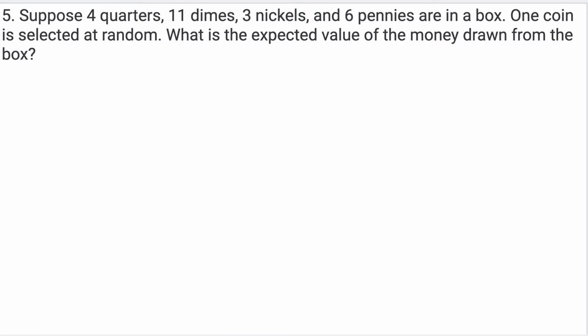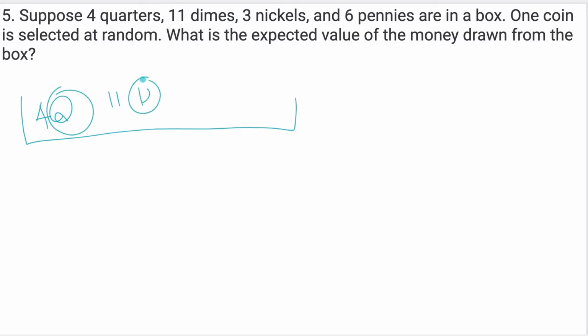Now, let's look at number 5. Suppose you have 4 quarters, 11 dimes, 3 nickels, and 6 pennies in a box. So, in a box, you have 4 quarters. Let's just write that. 4 quarters, 11 dimes, 3 nickels, and 6 pennies. One coin is selected at random. What is the expected value?